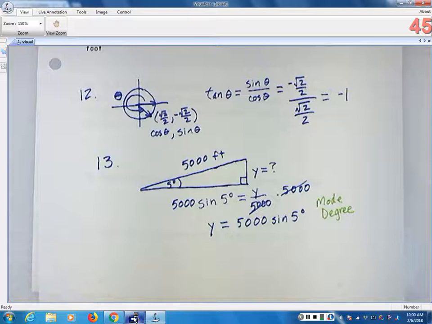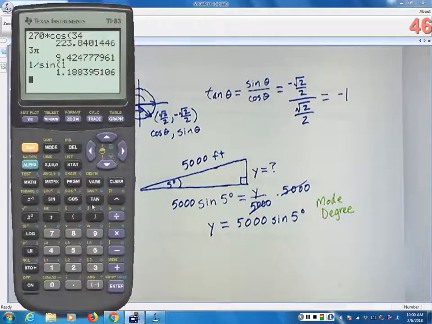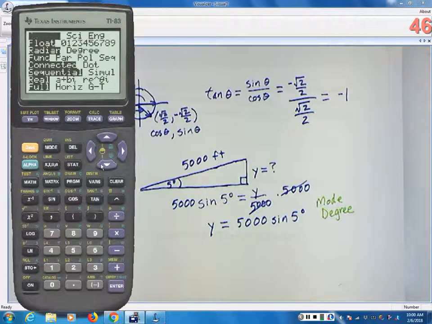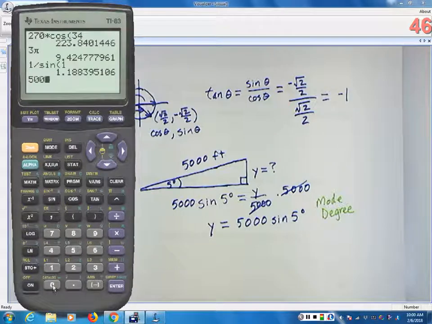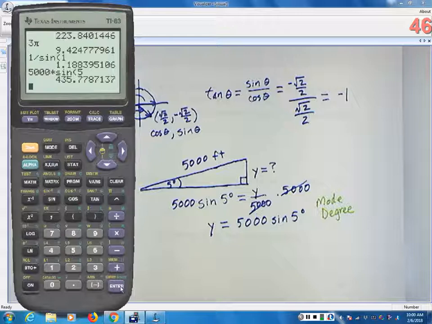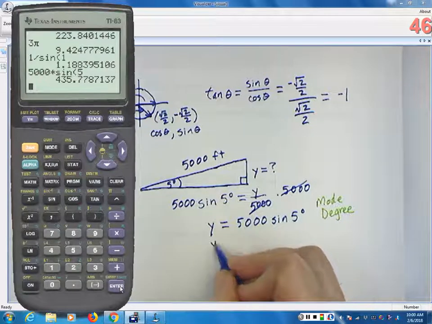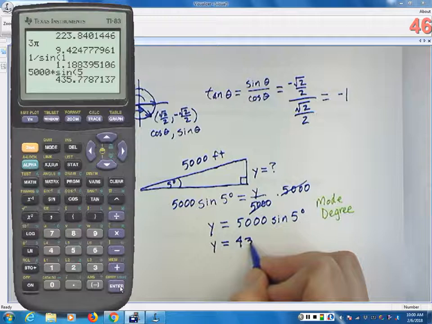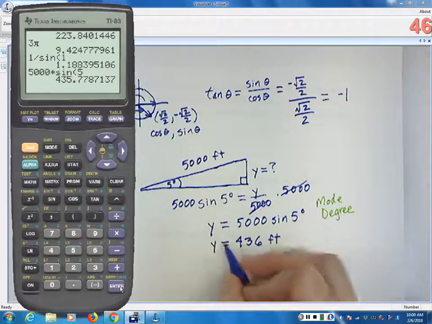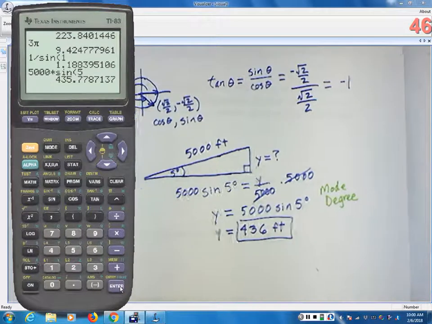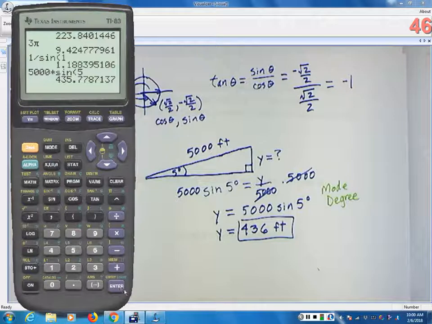So go into your calculator, mode, change it back to degrees. 5,000 times sine of 5, and to the nearest foot, I just called it y, but y is 436 feet to the nearest foot. You don't need to write a complete sentence.